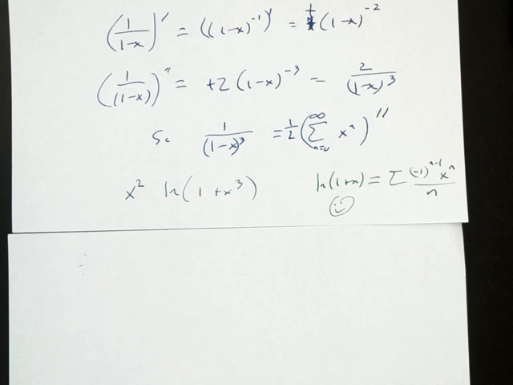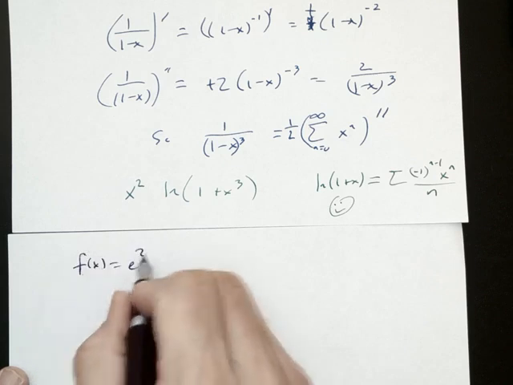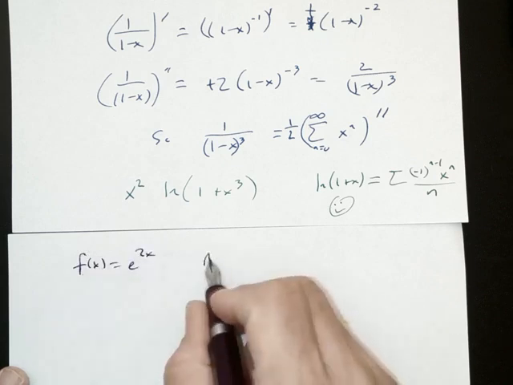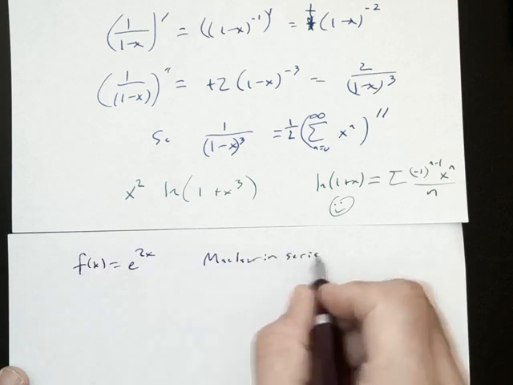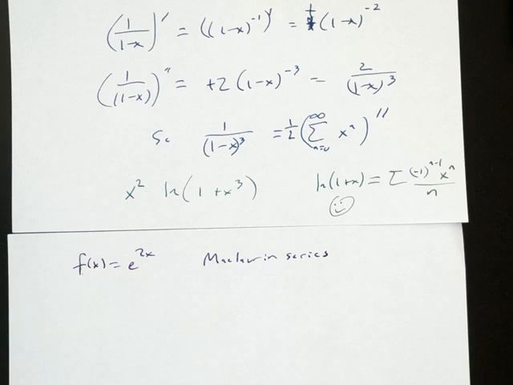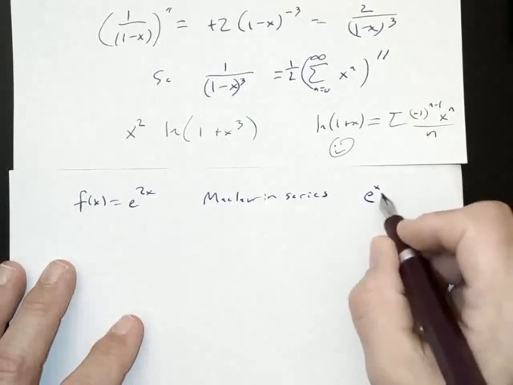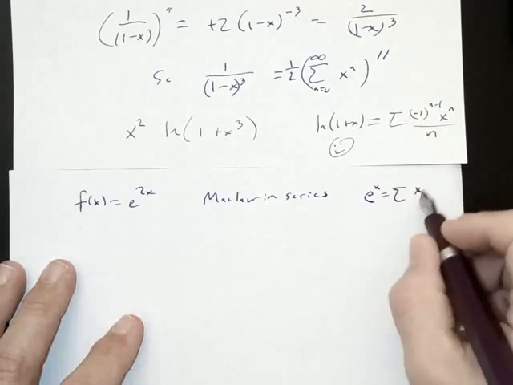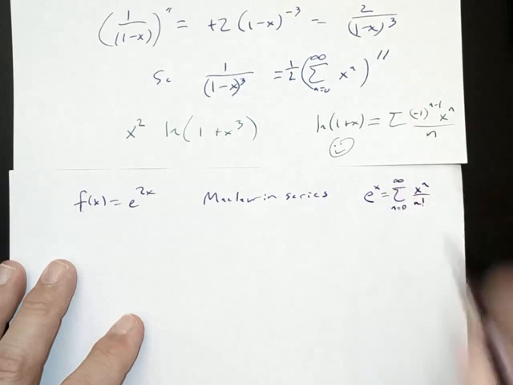But I know what the answer should look like because I know e to the 2x. Maclaurin series. Okay, first thing, over here on the side of my page, I remind myself that e to the x is the sum of x to the n over n factorial.